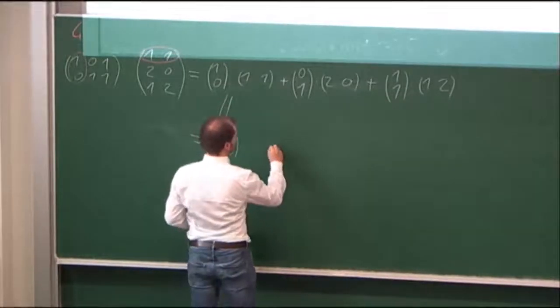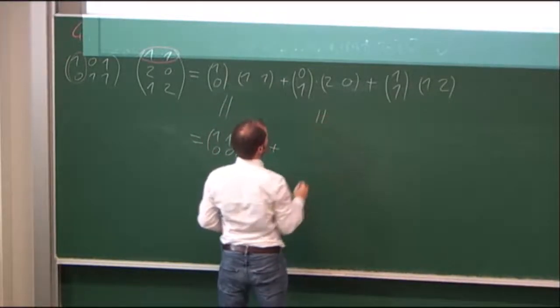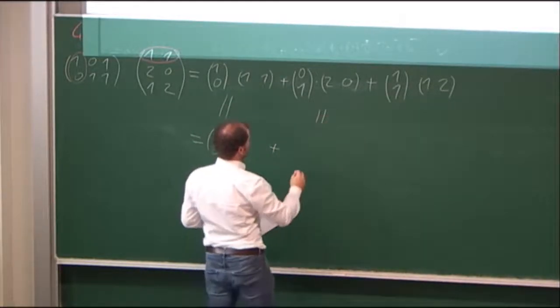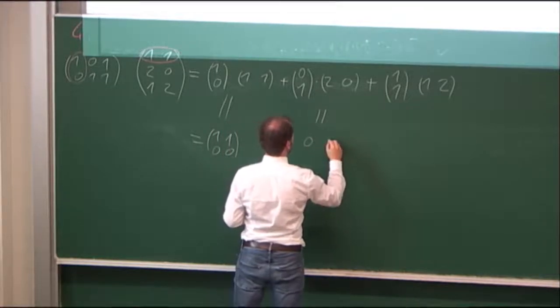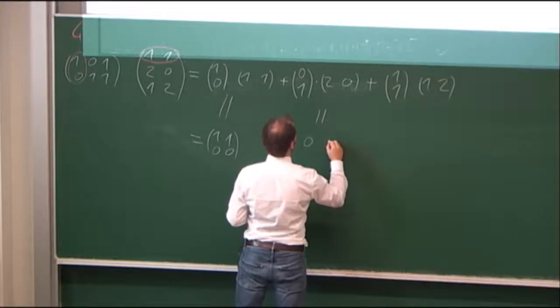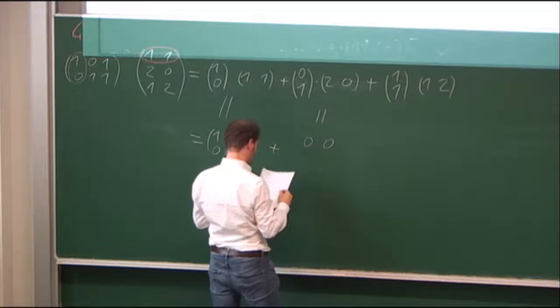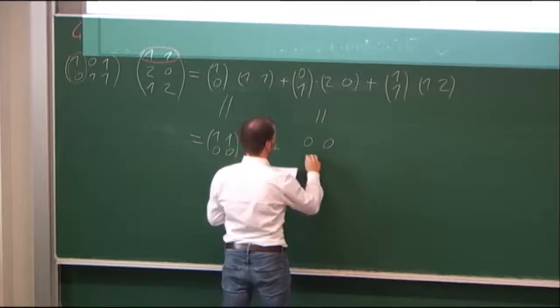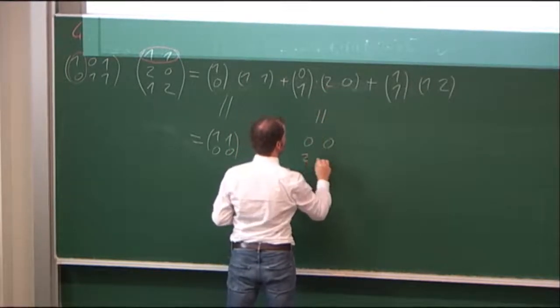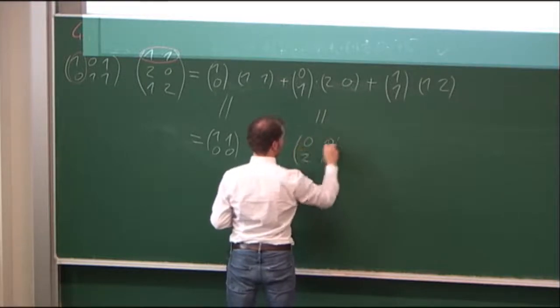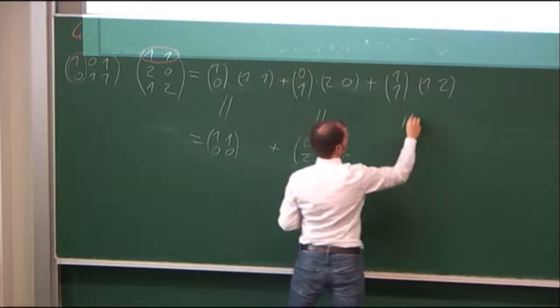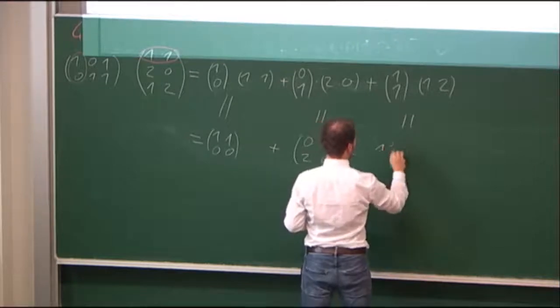And then if we do this multiplication, the first row will be 0, 0, and the second row will be 2 times 1, 2, 0. And this part will be 1, 2, 1, 2.